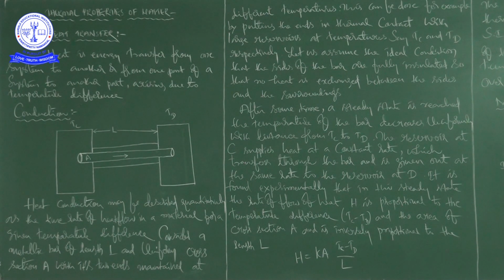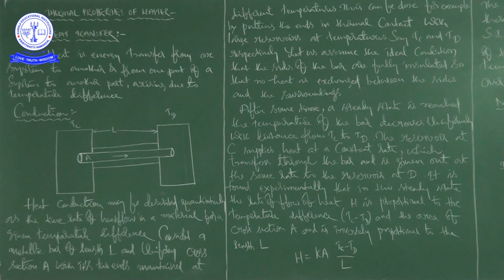So, as simple as that, this is heat transfer. Transfer of heat means heat energy flows from one place to another place, from one point to another point, wherever it is.